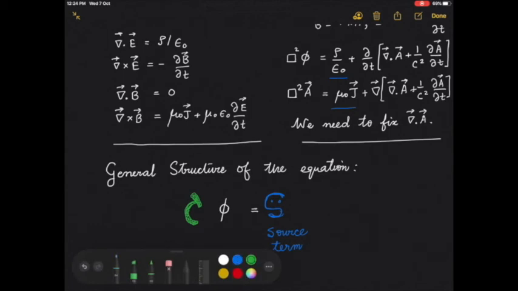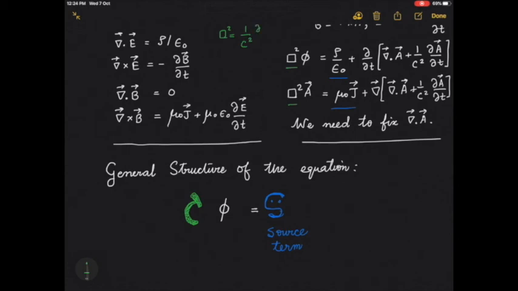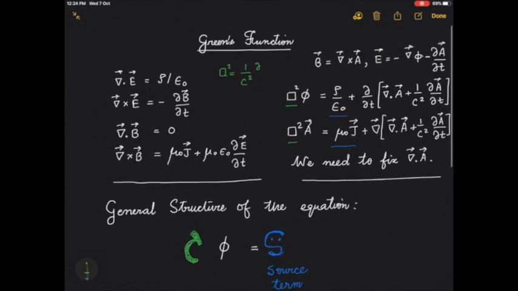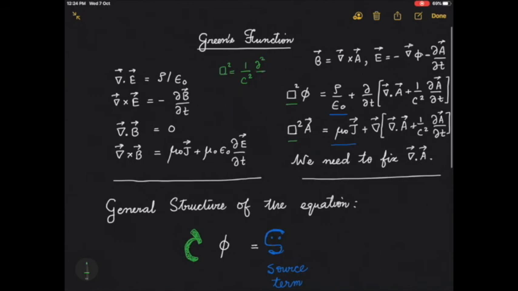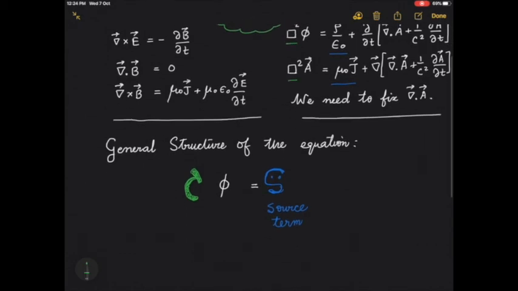And the operator in this particular case is this grad square. And if you remember, grad square was 1 by c square del 2 del t2 minus the Laplacian. So that's my operator.